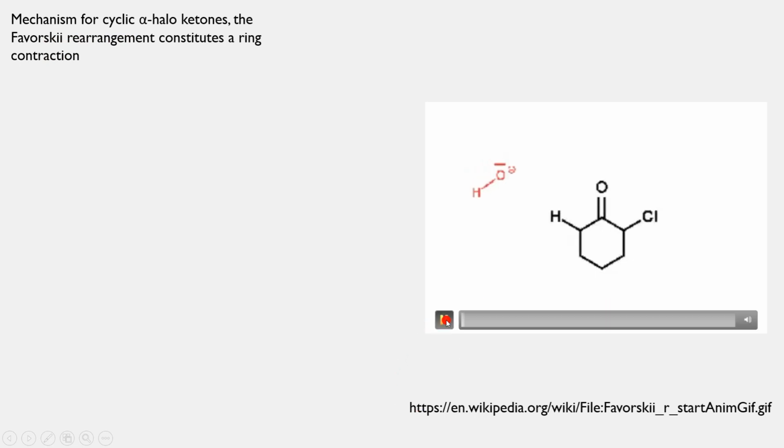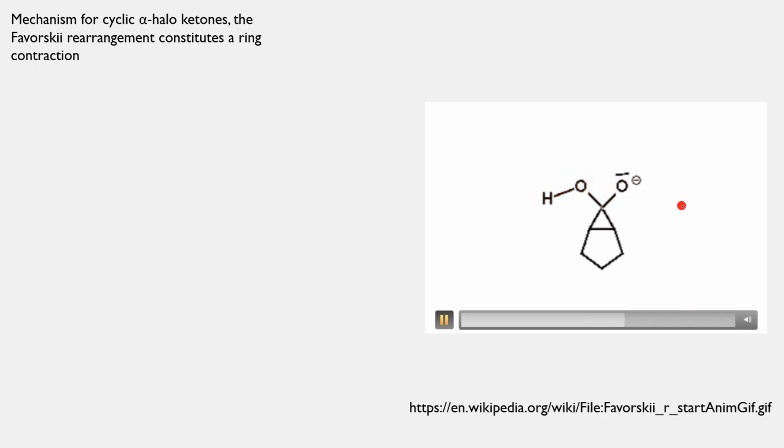I'll start this animation and now just look at this. This is the attack of base. Okay, so formation of negative charge. Base abstracts the proton. Negative charge attacks this carbon, leaving group goes. Now a base will again attack at the C double bond O, at the electrophilic carbon atom.